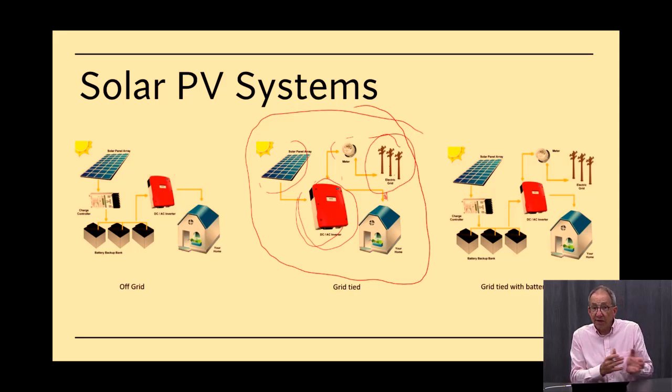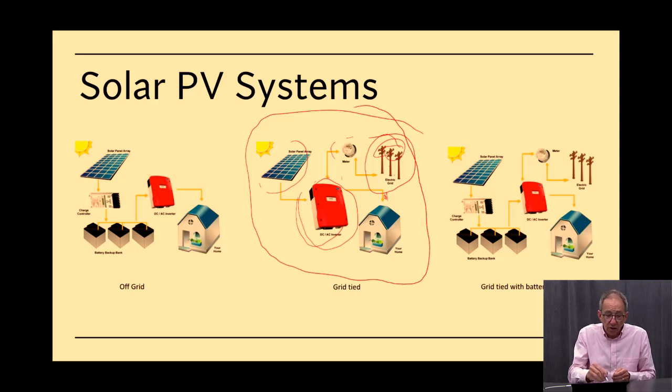Because we like using electricity at night, our solar panels would not be much use to us if we didn't. I mean, they'd be used to us during the day, but when we have a need for electricity at night, most systems will use electricity from the grid at night.